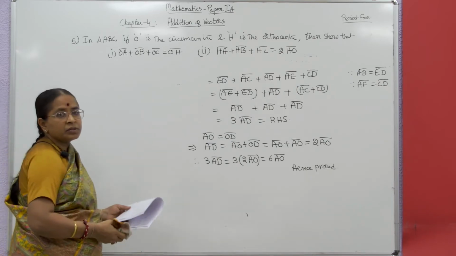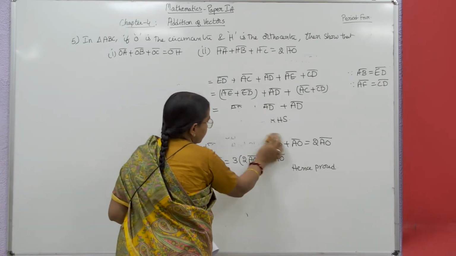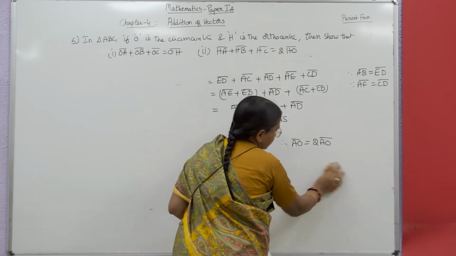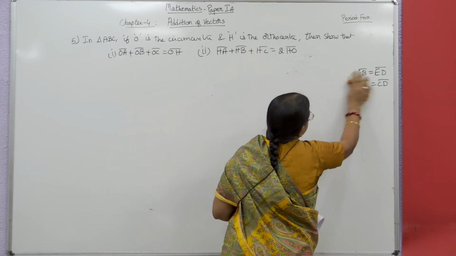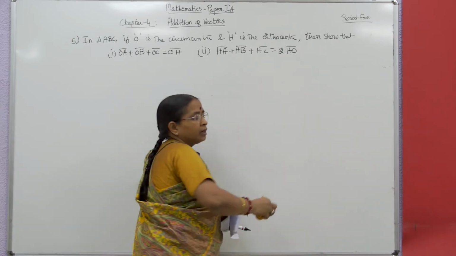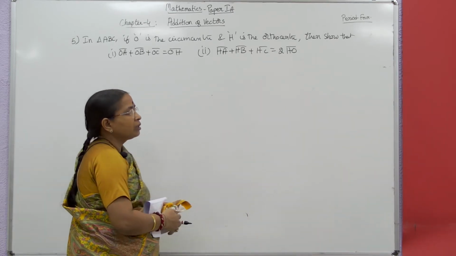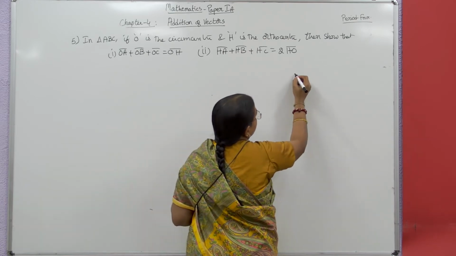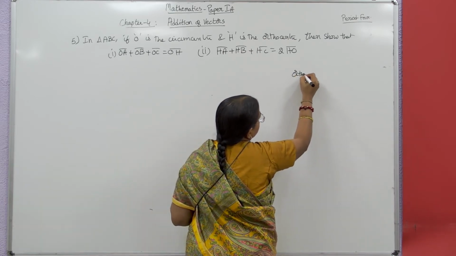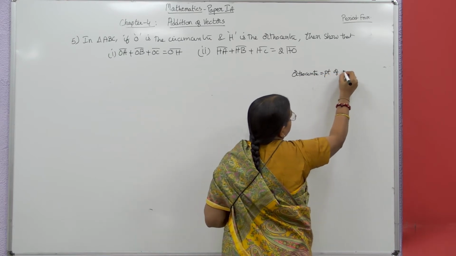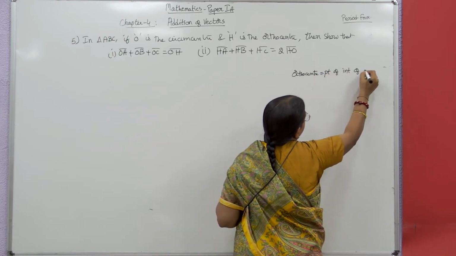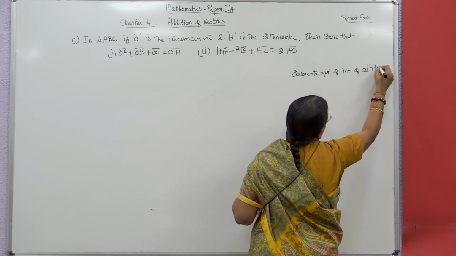Now what is circumcenter? Circumcenter is the point of intersection of the perpendicular bisectors of the sides. Orthocenter is the point of intersection of altitudes.